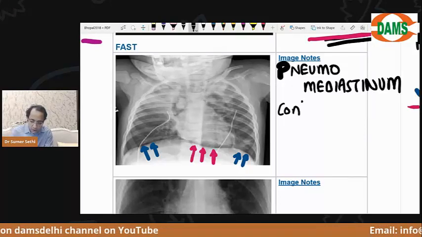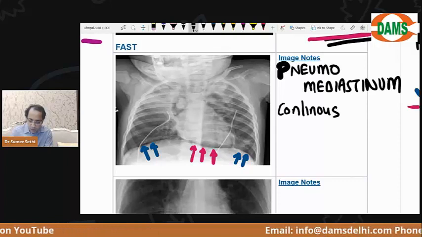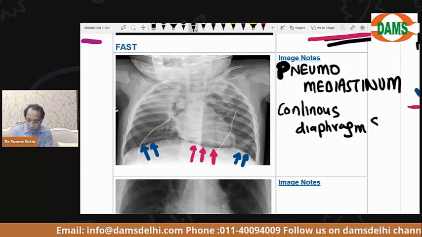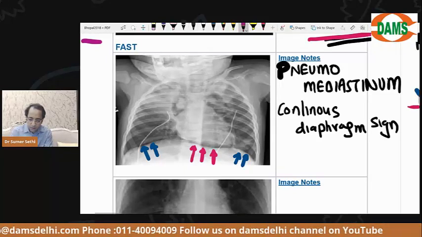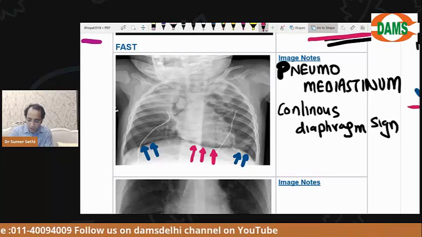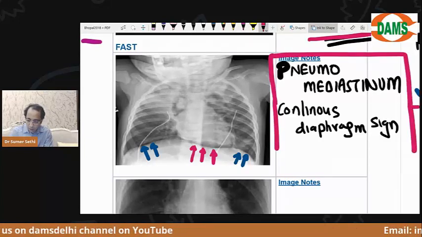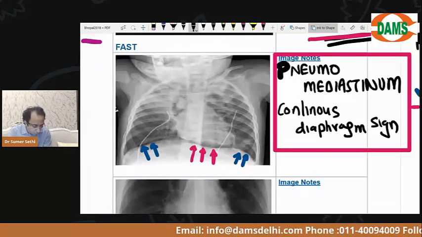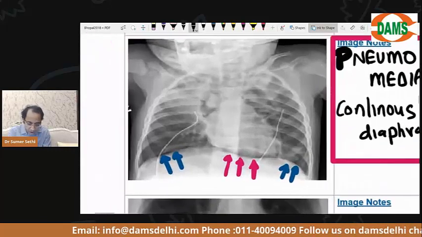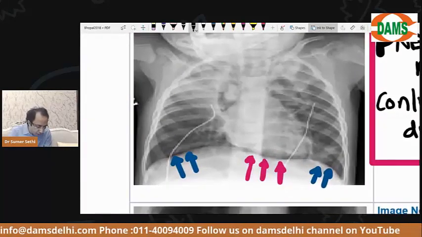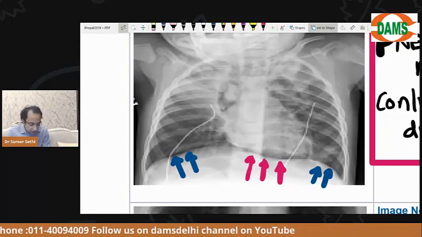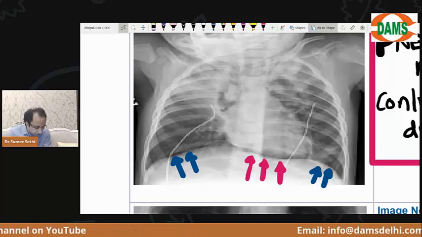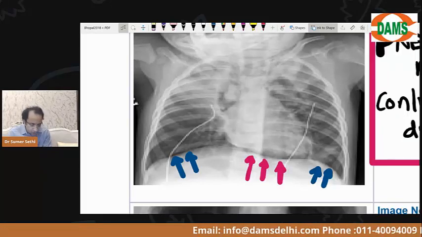This appearance is called continuous diaphragm sign. So very frequent question in your exams and very frequent visual. Remember this, continuous diaphragm sign is a sign of pneumomediastinum. The central tendon of the diaphragm, which I marked with the pink arrow, should not be visible. It is visible because the air in the mediastinum is outlining it. Everybody understands?